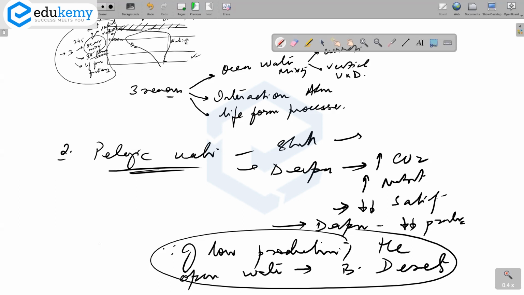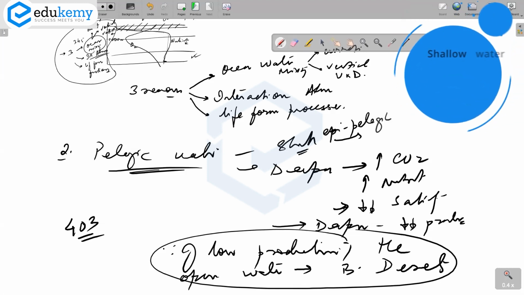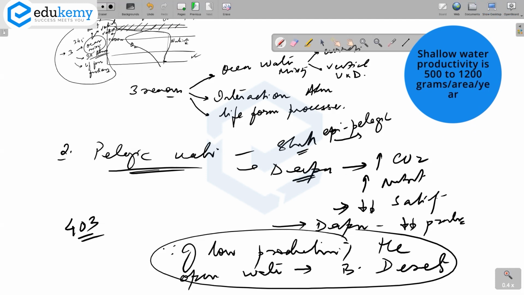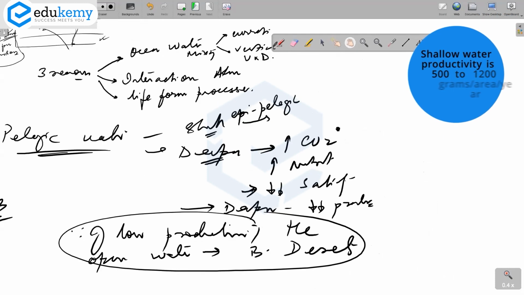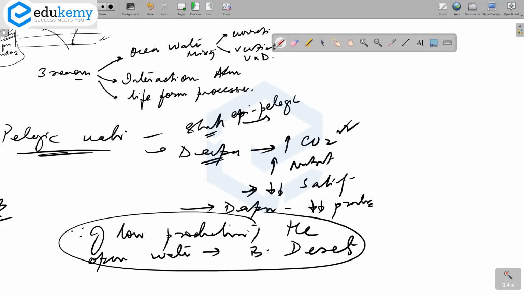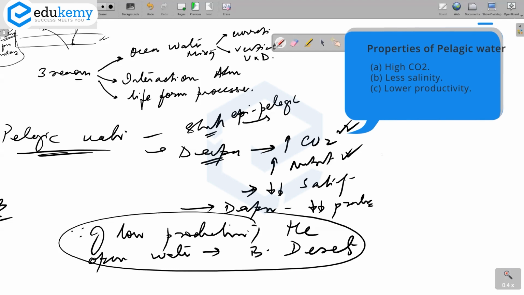Look at page 403. Pelagic waters, I said. Again, pelagic waters include the shallow epipelagic. They include the deeper waters, and in general, deeper waters are higher in carbon dioxide, higher in nutrients compared to the very shallow parts. They will have lower salinity in general, and they have lower productivity also.